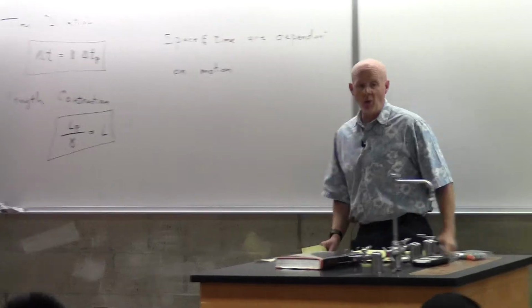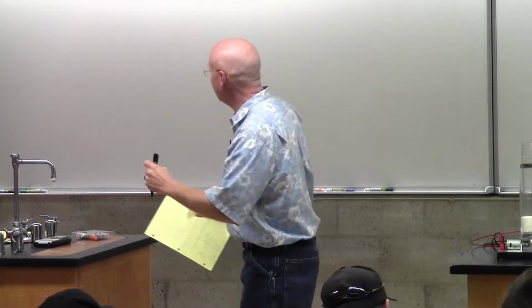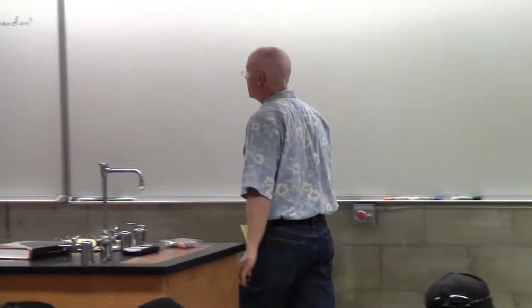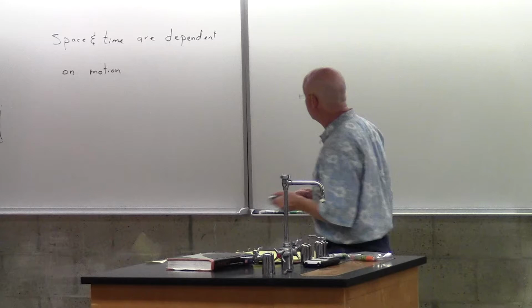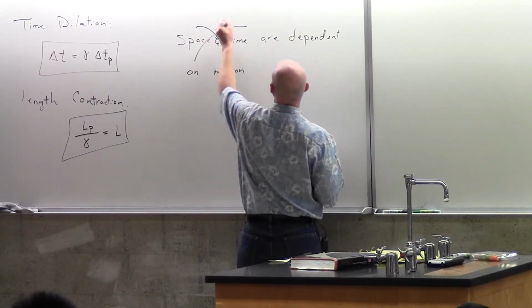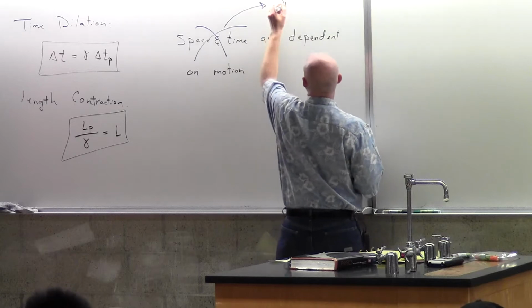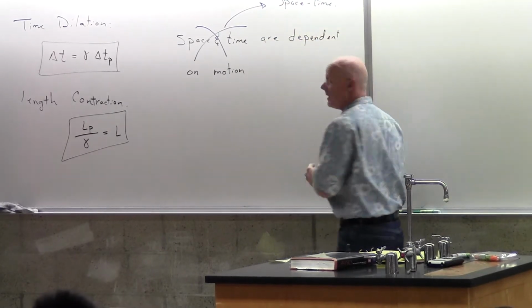They change. What we think of as a certain time and a certain length does vary. And so what we like to do is take this old notion of space and time and replace it with space-time, and say they are connected.